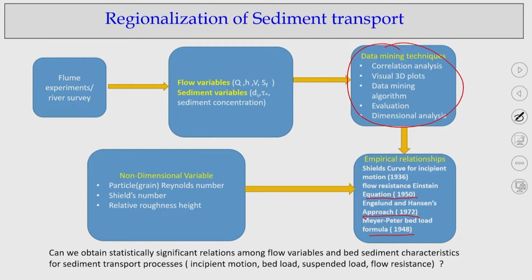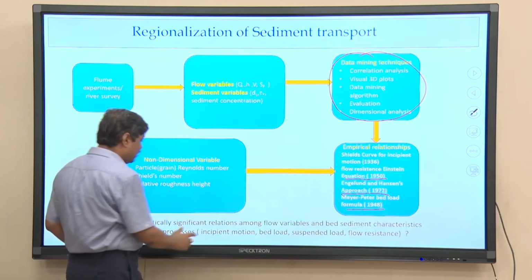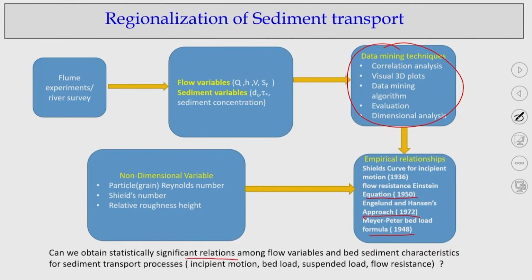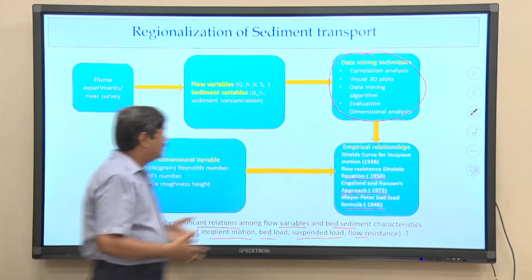We have a lot of algorithms, but our basic objective is to establish the relationship between flow variables and bed sediment properties with bed load or incipient motion, the suspended load, or the flow resistance, which is a very complex process as I discussed earlier.